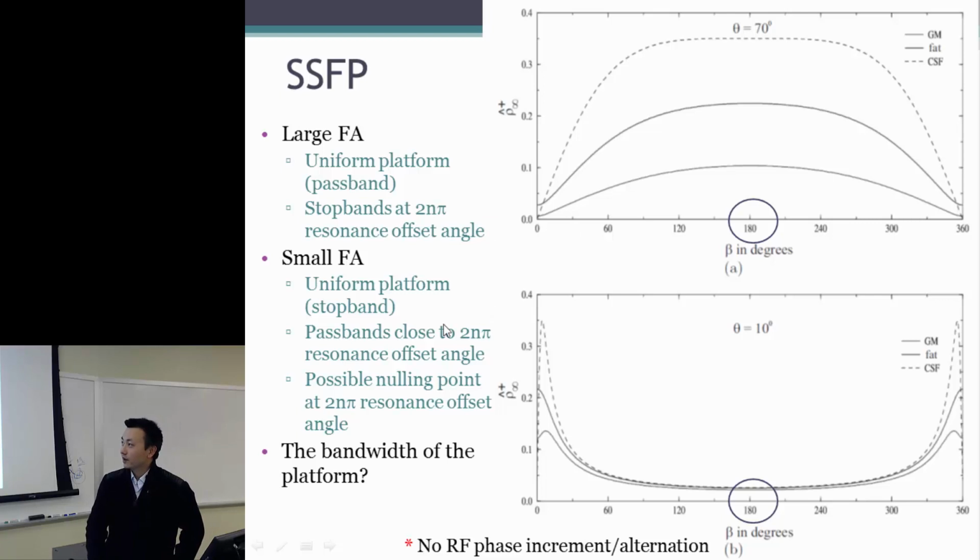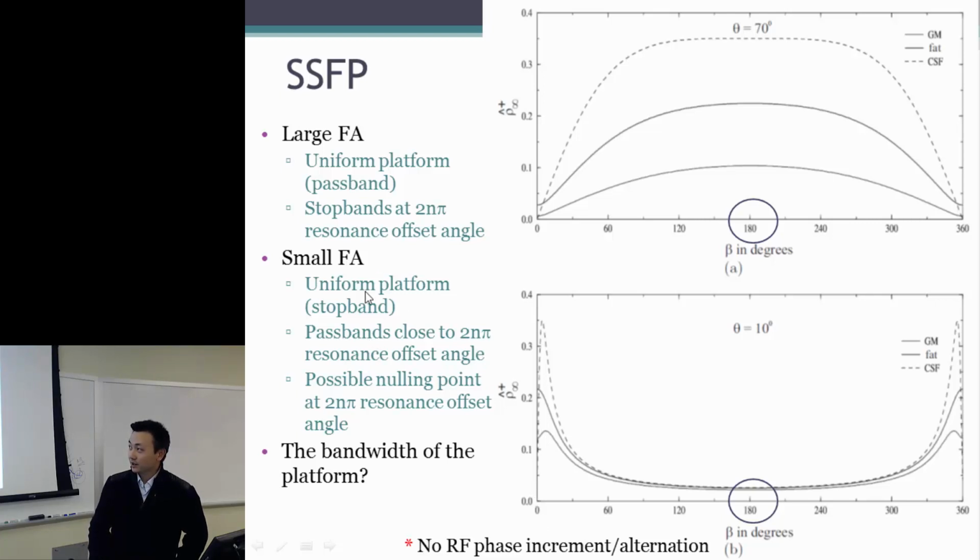On the other hand, if we use a very small flip angle here, we will observe not a passband but relatively a stop band in place of this passband. Sometimes in the small flip angle case, we can see the passband actually close to the 2nπ resonance offset.